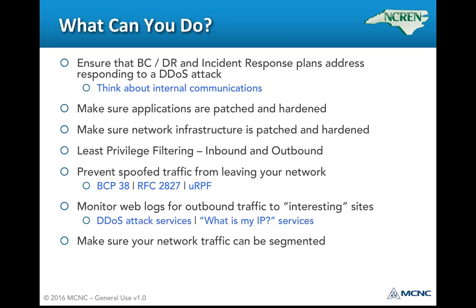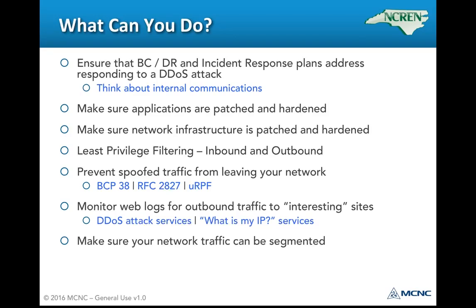The other point that is listed here is make sure your network traffic can be segmented. This is important because we've seen this be a problem with some customers who have come under DDoS attack. If all of your outbound traffic is natted to a single IP address, and that IP address comes under DDoS attack, and you want to block some incoming traffic, you may impact legitimate services from being able to function.